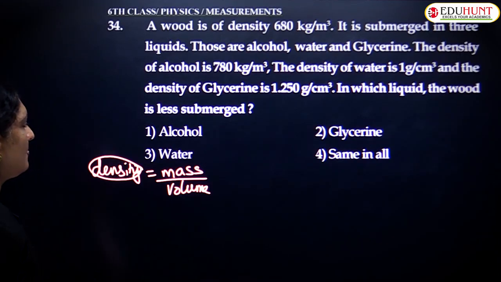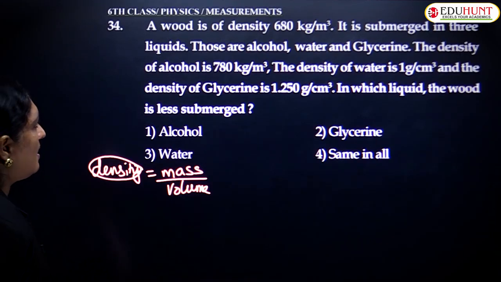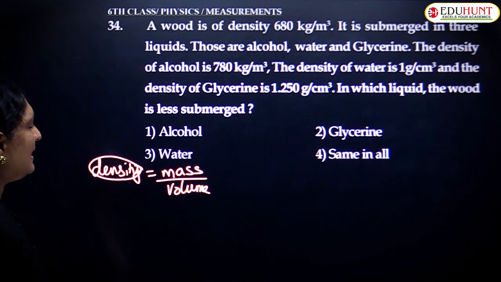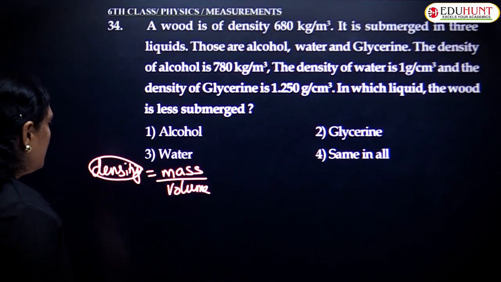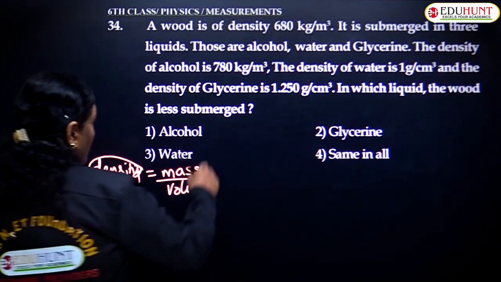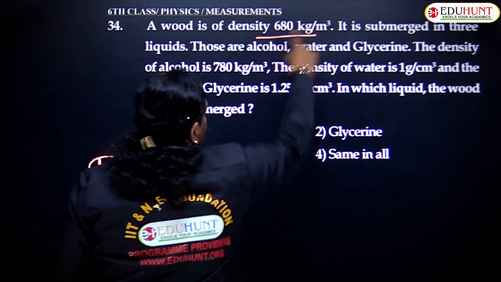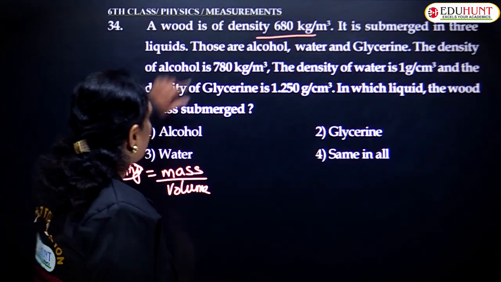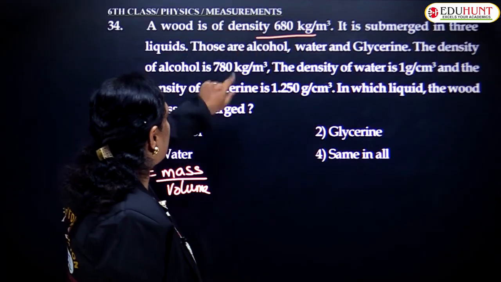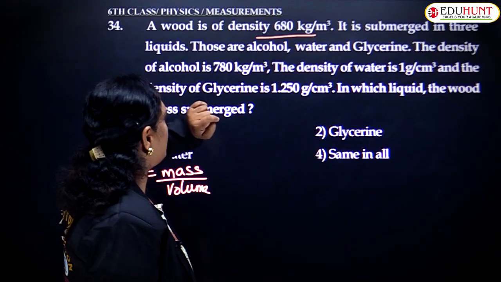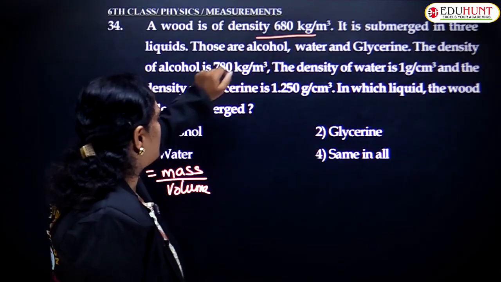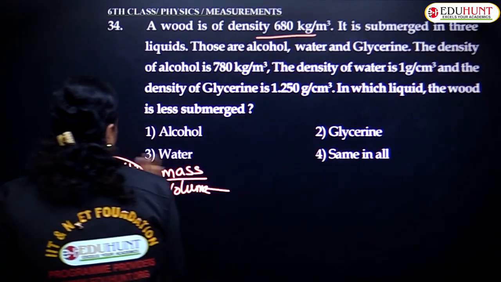In which liquid will the wood be less submerged? You just need to compare the densities, so no need of anything else. Simply observe: density of wood is 680, density of alcohol is 780. Which is lesser? So clearly I will be writing like this.